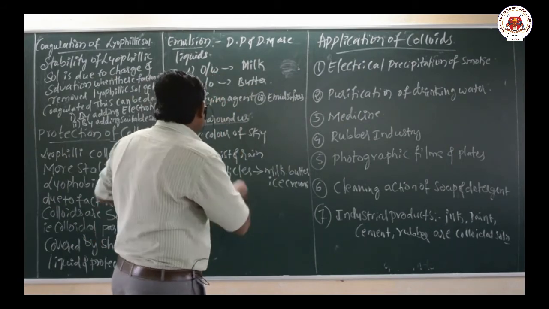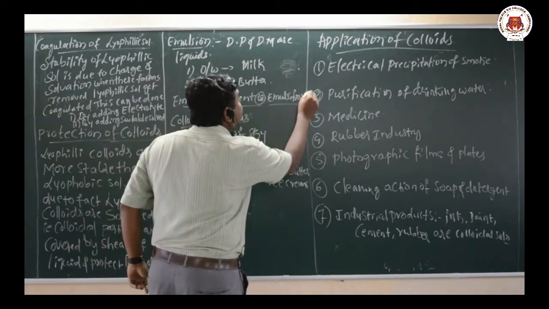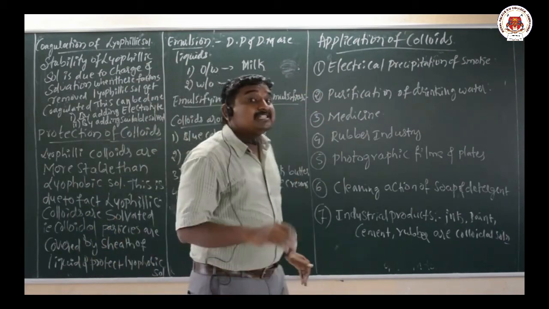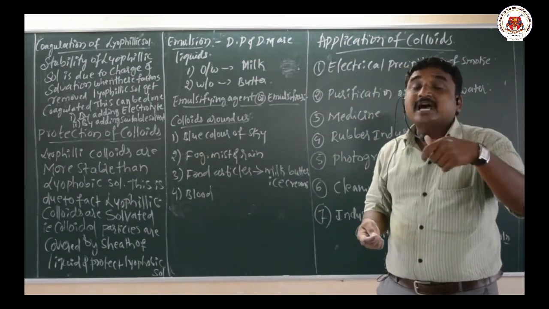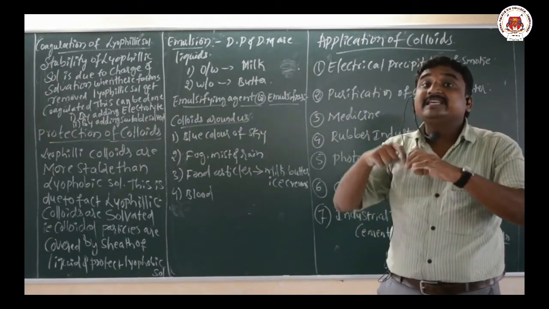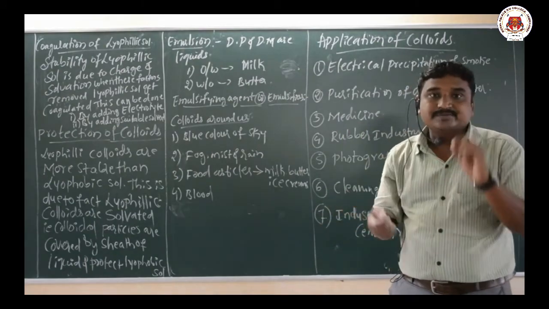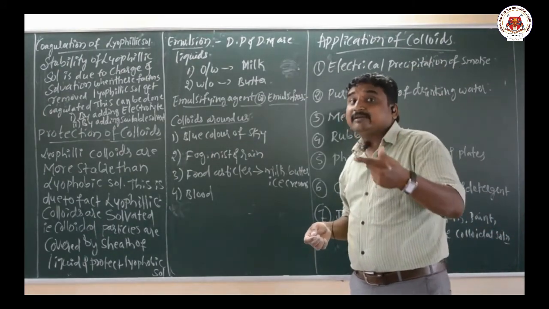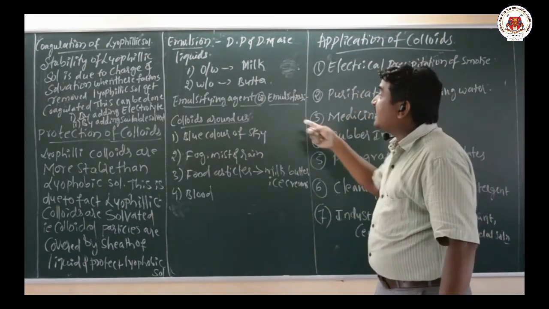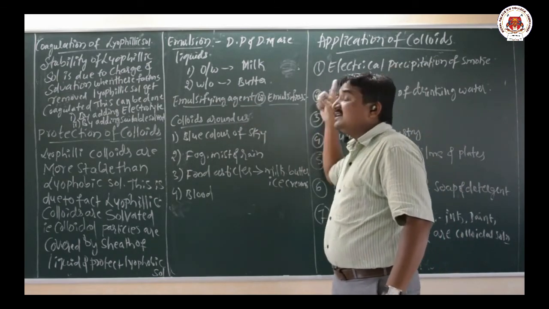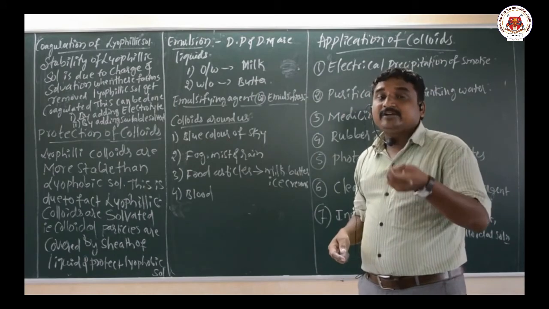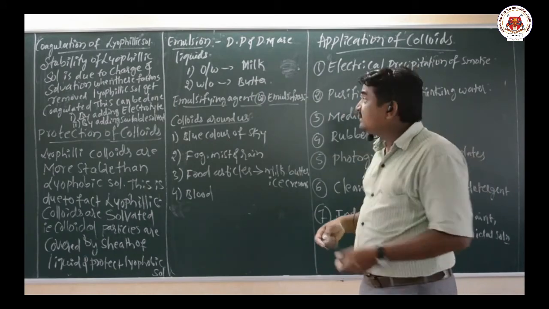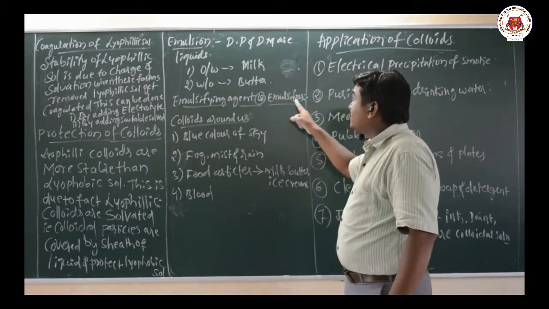Now, emulsifying agents or emulsifiers. What do we mean by emulsifying agents? The substances which are added to stabilize the emulsion are called emulsifying agents or emulsifiers.